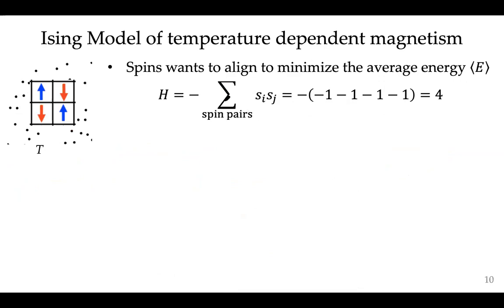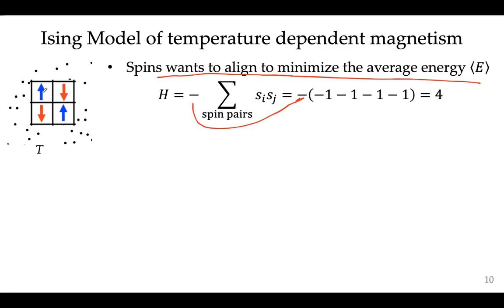Okay, so as I said before, spins want to align to minimize the average energy. So let's say you have this particular configuration, how do you calculate the total energy? You have to count all the spin pairs. This negative sign is in the formula here. So let's count the energy of the spin pairs.